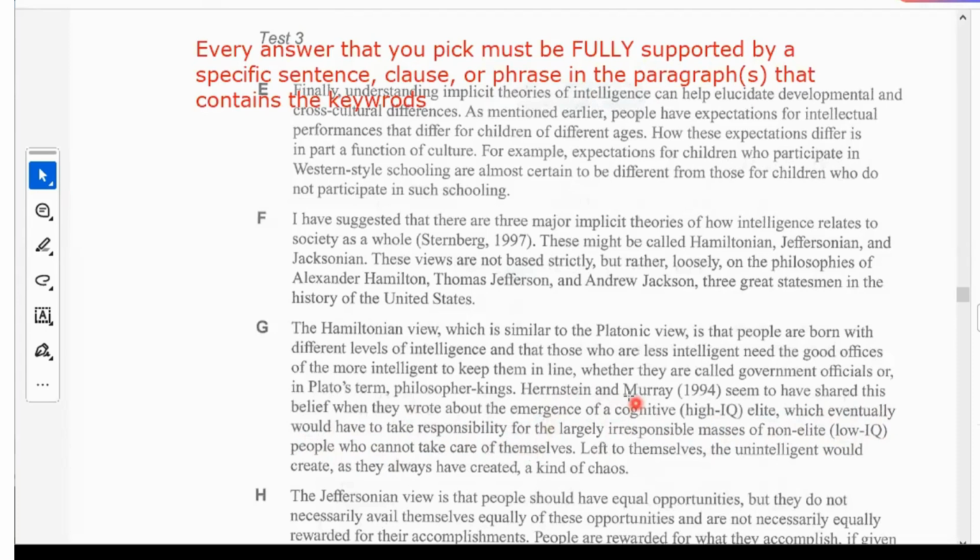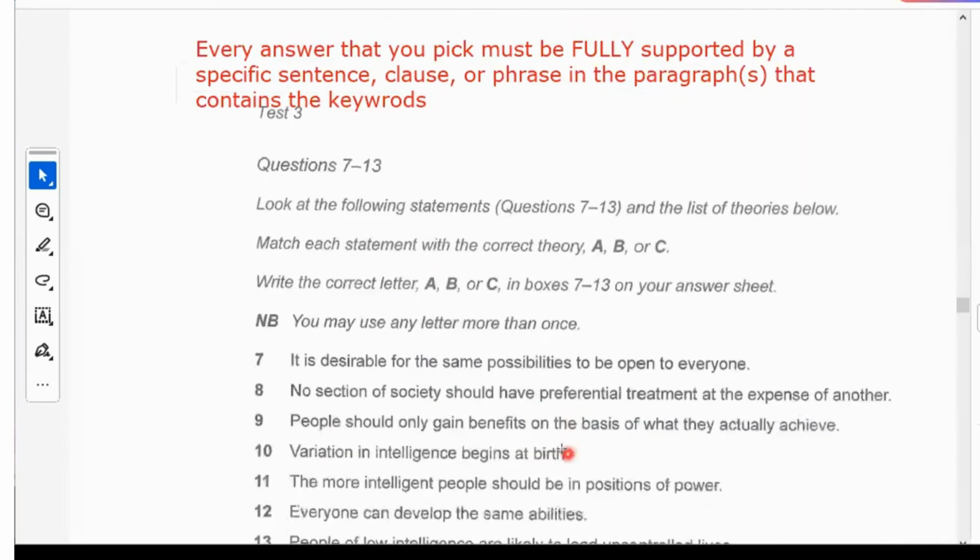So you see, these guys shared this belief. Which belief? Hamiltonian view. Can you see paraphrasing here? This is another way they do paraphrasing: by using pronouns. This belief, THIS, is a pronoun referring to the Hamiltonian view. So it's still Hamiltonian they're talking about. These guys are saying that people who have low IQ cannot take care of themselves. That's a statement.